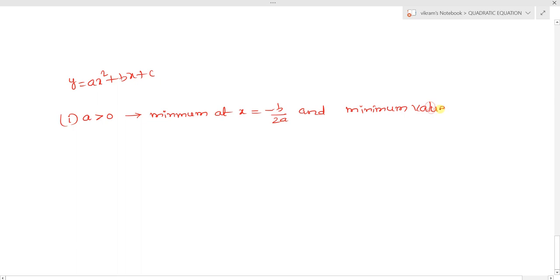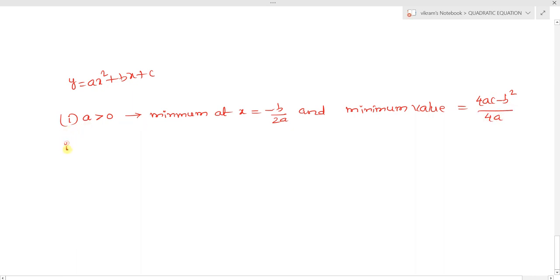If y equals f of x equals ax square plus bx plus c, and a is greater than 0, it will have a minimum at x equals minus b by 2a, and the minimum value is the y value. What is the y value? (4ac minus b square) by 4a.